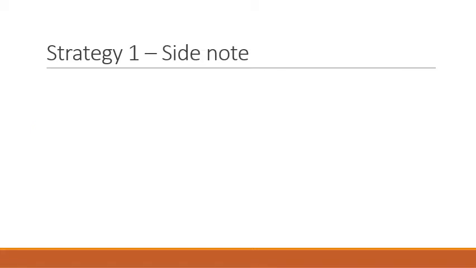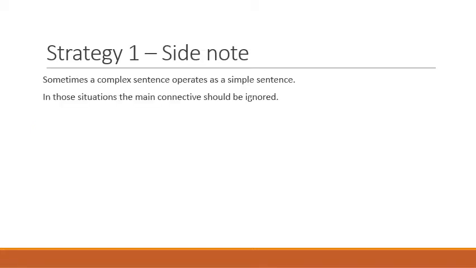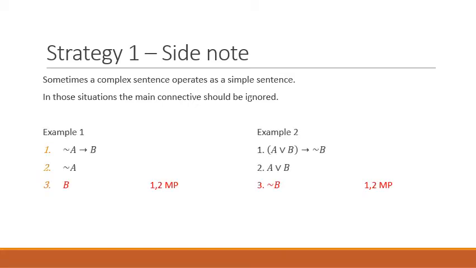Okay, so one thing to say on the side. Sometimes the complex sentence operates as a simple sentence, and in those situations, the main connective will be ignored. So here's a couple of examples, where in example number one, the not A is a negation, right?